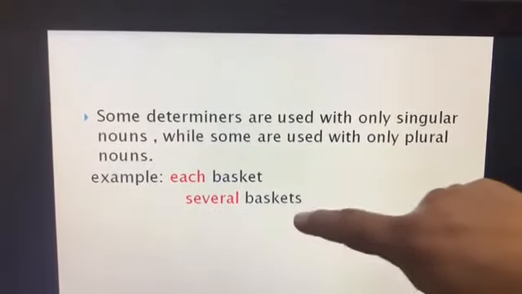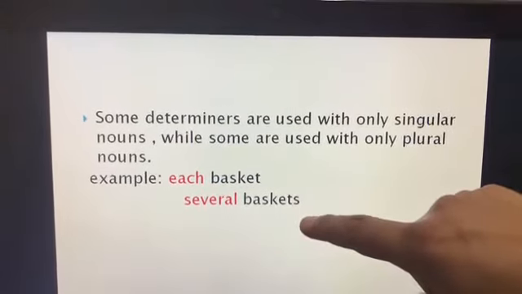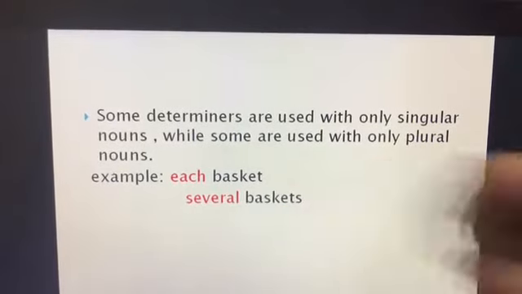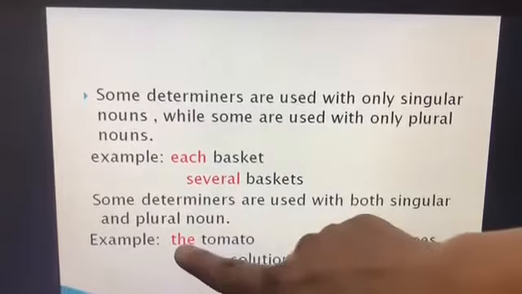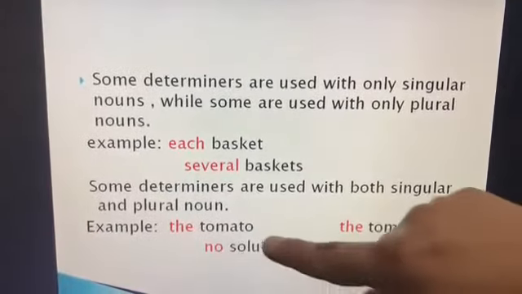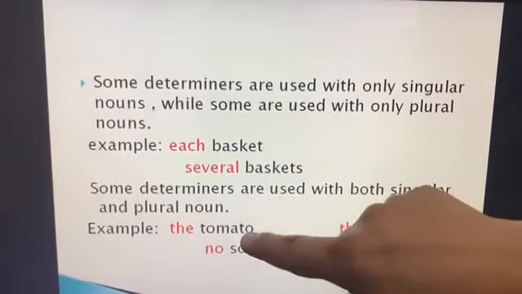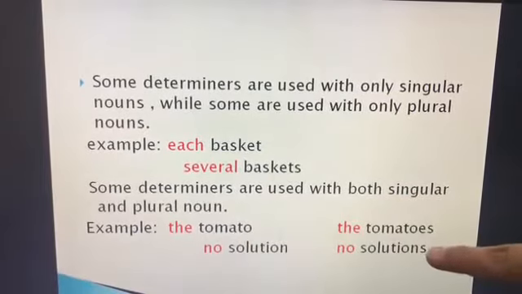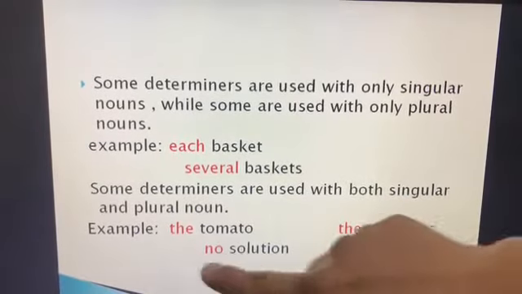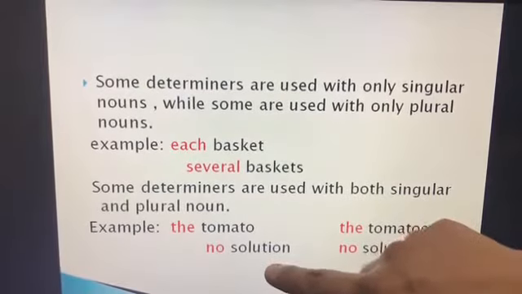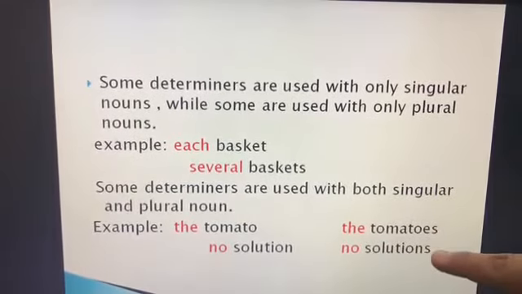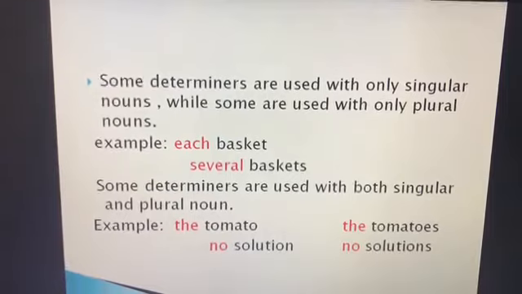And several baskets. Baskets is a plural noun and several is a determiner. Next, some determiners are used with both kinds of nouns. Singular noun tomato and plural noun tomatoes. No is used with both. Singular noun solution and solutions, plural noun. No is a determiner.